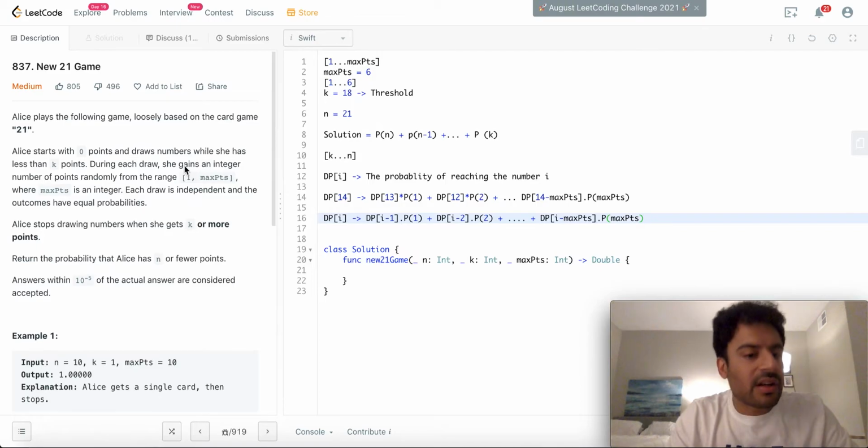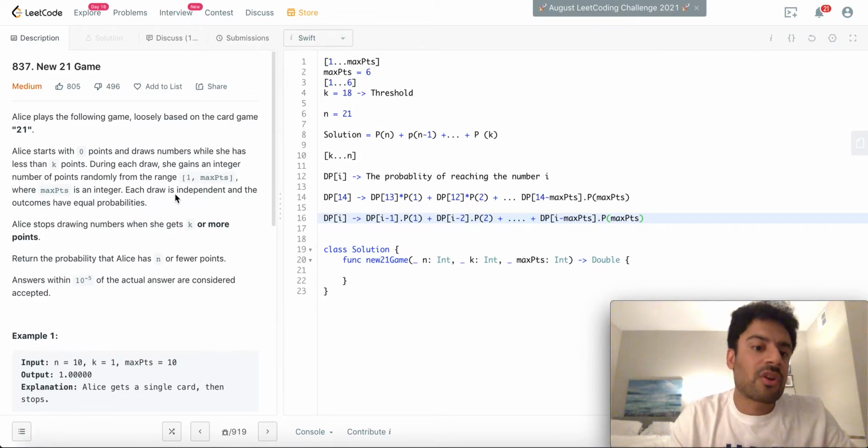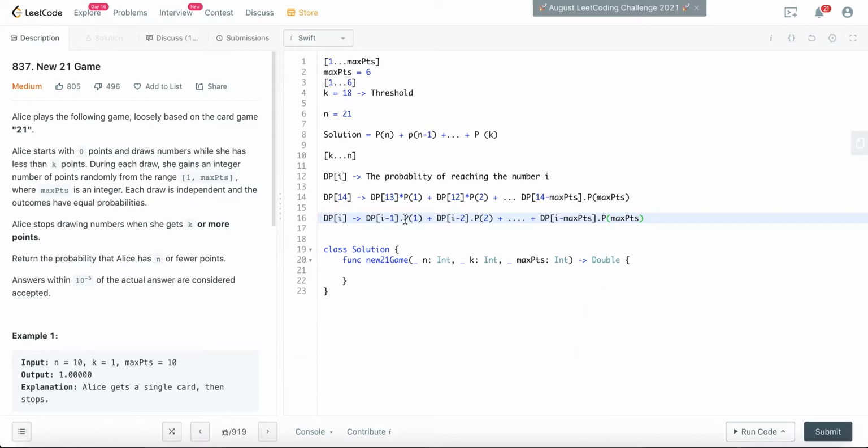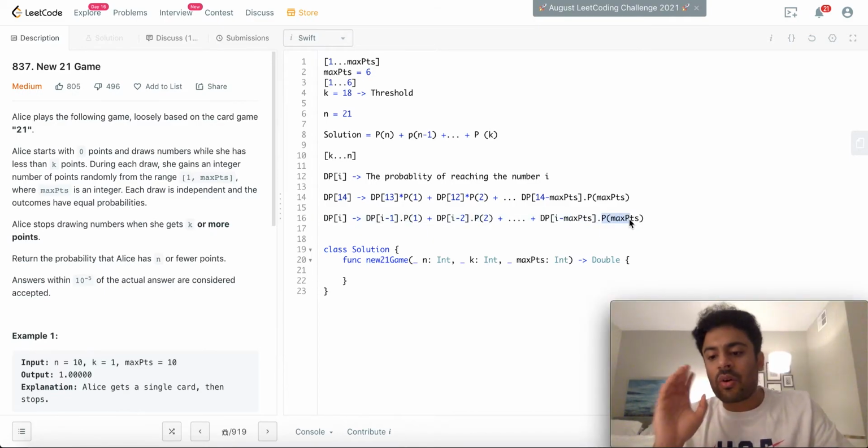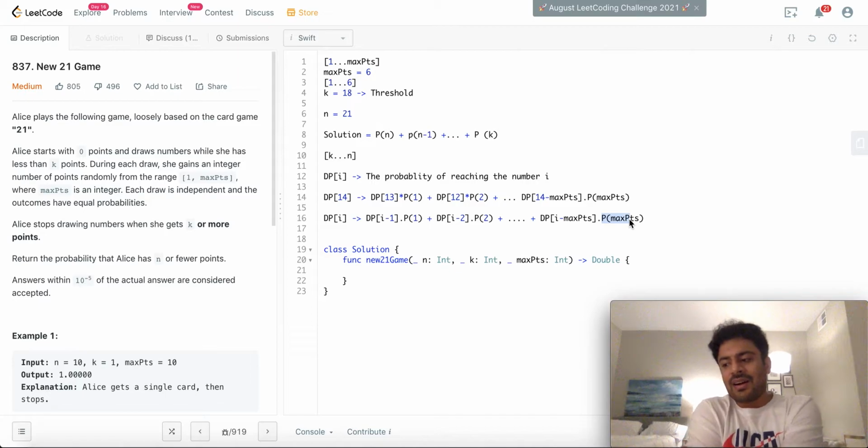As I've mentioned a couple of times, and as it's mentioned in the question, each draw is independent and the outcomes are equally probable. What that means is the probability of one, probability of two, probability of max points, they're all equal to 1 upon max points.